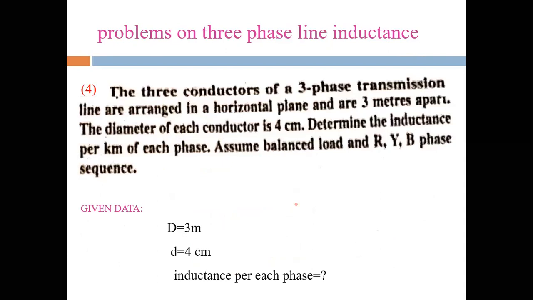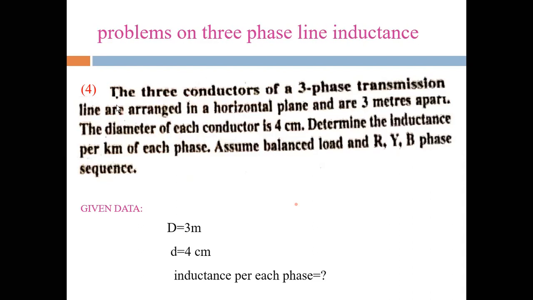Next, coming to the fourth problem. The three conductors of a three-phase transmission line are arranged in the horizontal plane and are 3 meters apart.